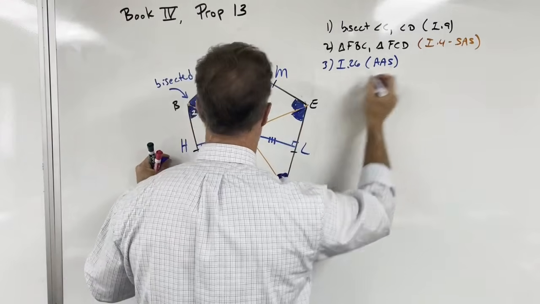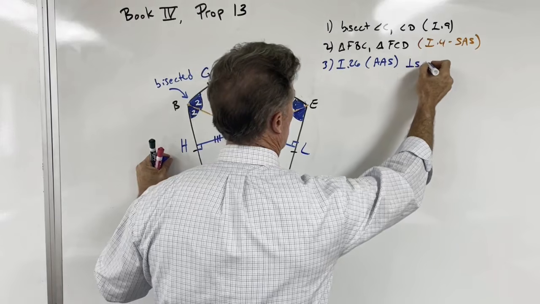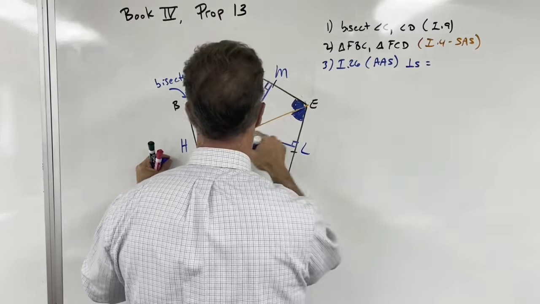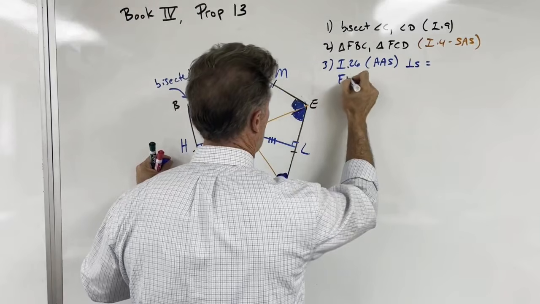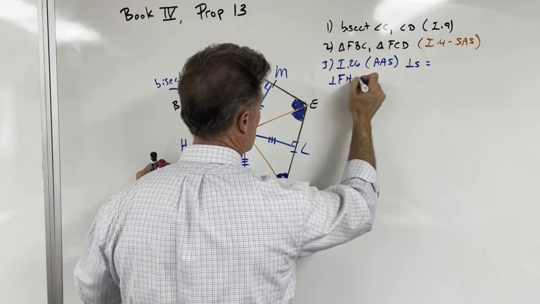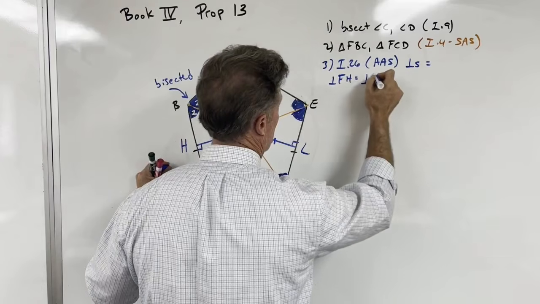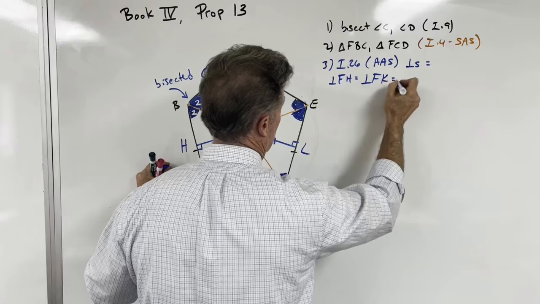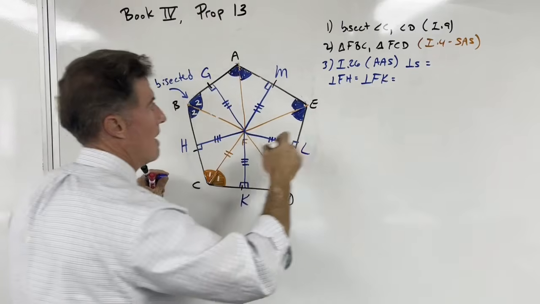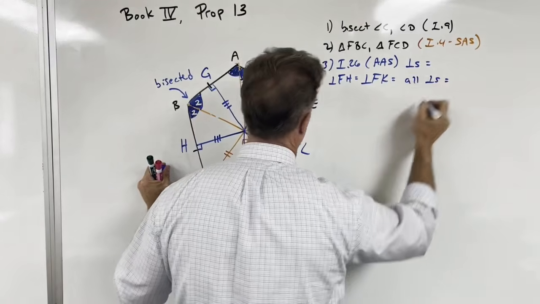So here's what we know. We know that the perpendiculars are equal. We know that perpendicular FH is the same length as perpendicular FK. And so all the way around, all the perpendiculars are equal.